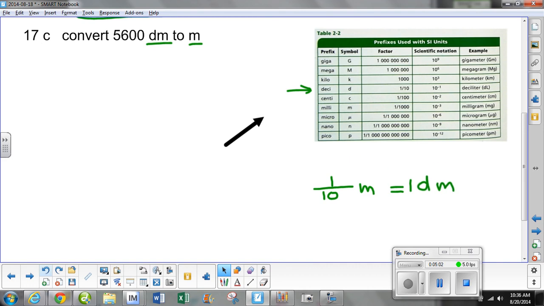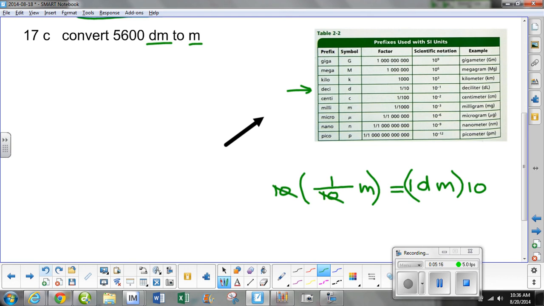Now all I have to do is multiply both sides by 10, and I have my conversion factor. When I multiply this side by 10 and this side by 10, the 10 cancels the 10 in the fraction, so that means that 1 meter is equal to 10 decimeters. If you use this method, you'll never get your conversion factor wrong.